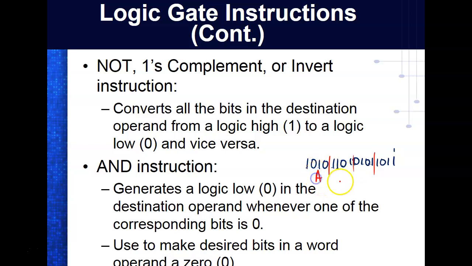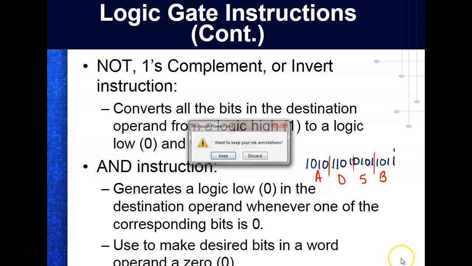This is the A. What's this? 13, which is a D. 5B. Okay. So how do we enter hexadecimal instead of entering decimal?